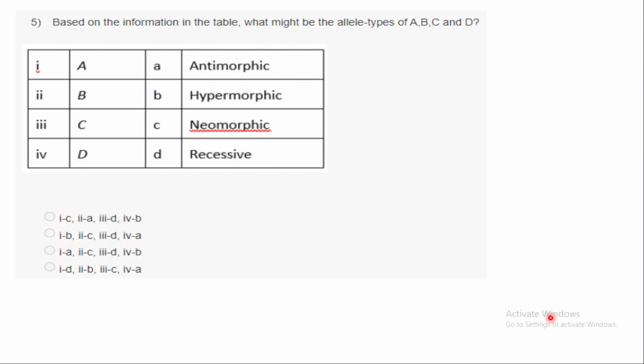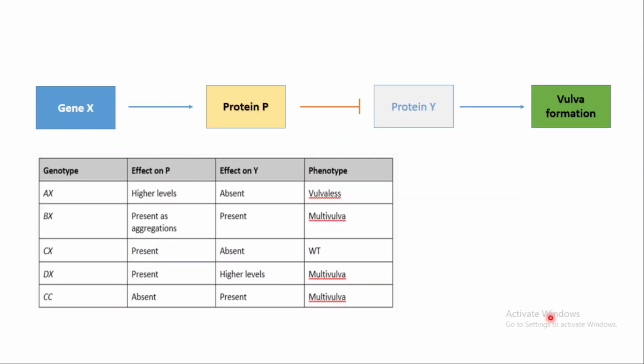I'll type these four options: antimorphic, hypermorphic, neomorphic, and recessive. And we have ABCD in order. These are the order. So I'll switch on to the table now. You guys can refer the table and let me know your answer.